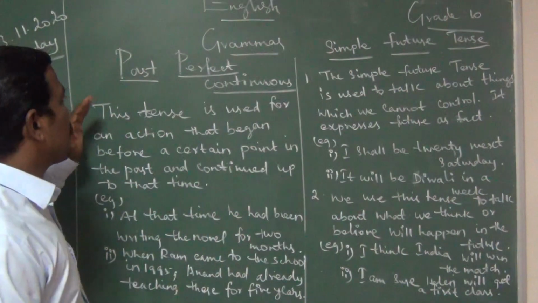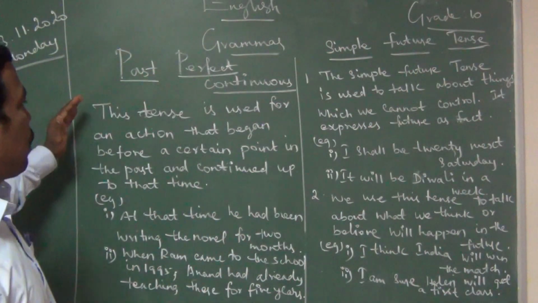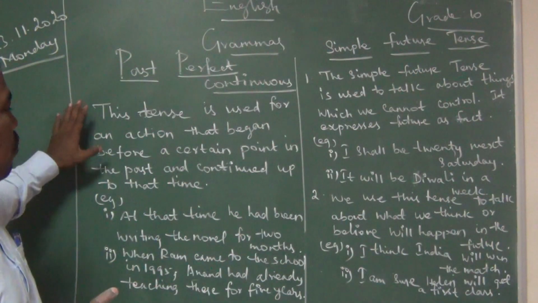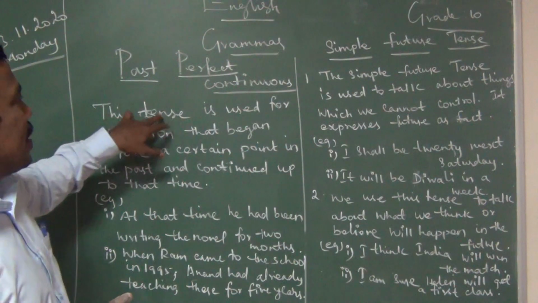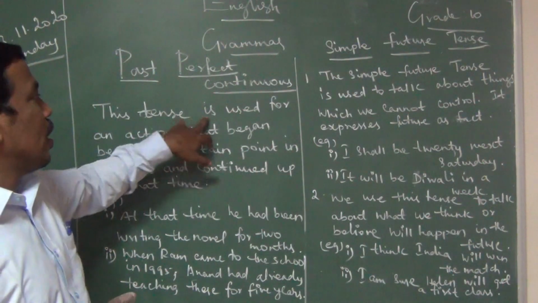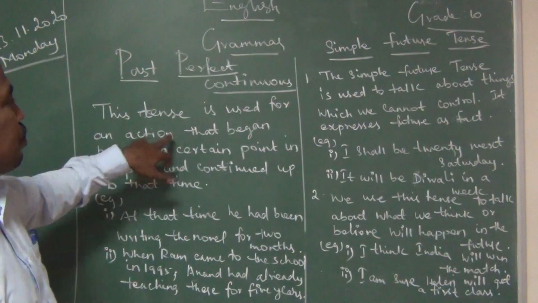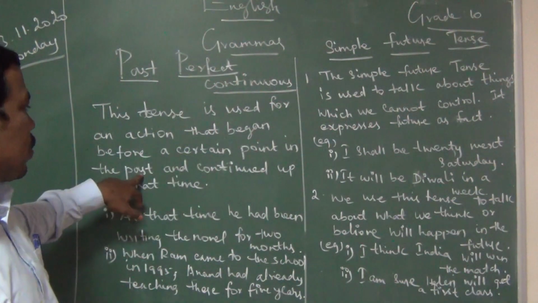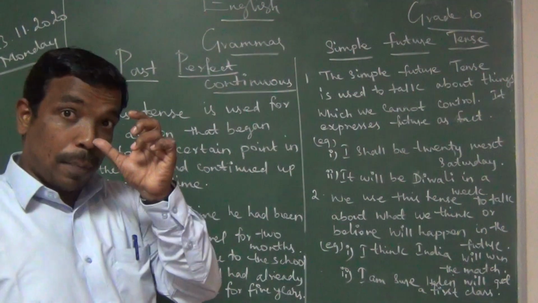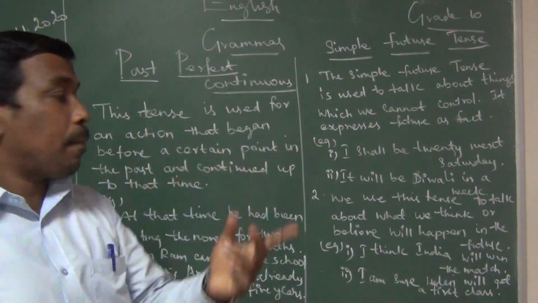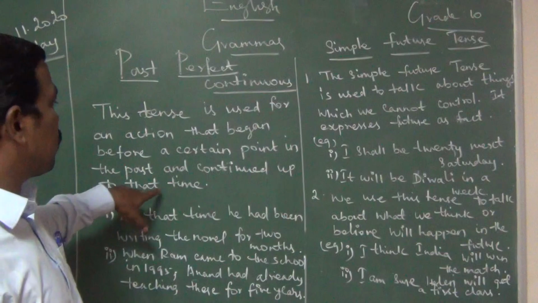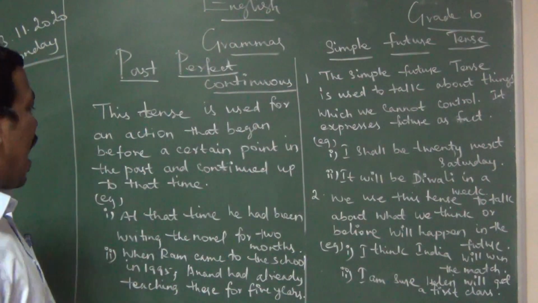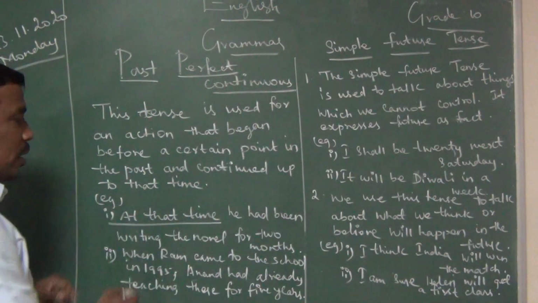Okay, come. Past perfect continuous. For past perfect continuous, we have only one rule. This tense, past perfect continuous, is used for an action that began before a certain point in the past, and continued up to that past time. At that time, what is the past reference?